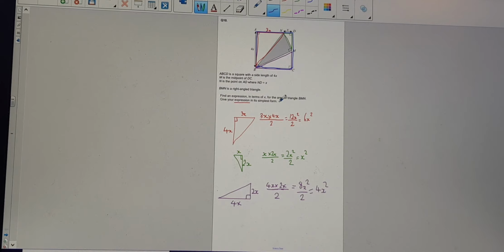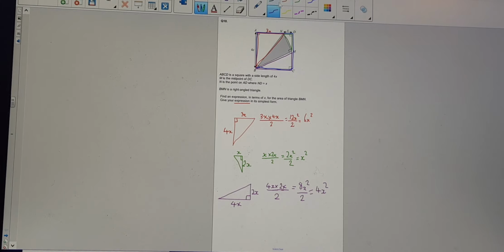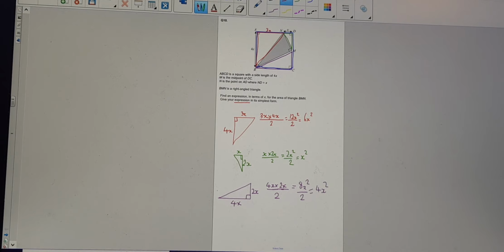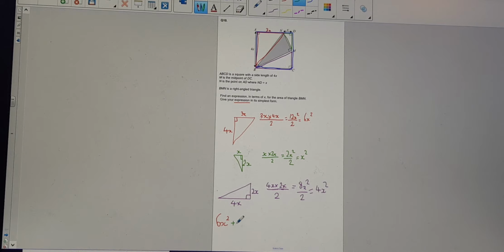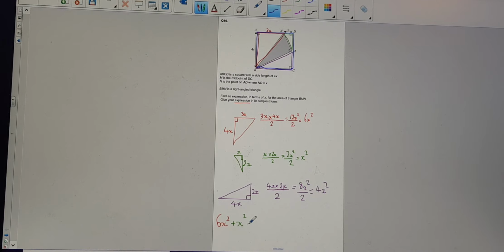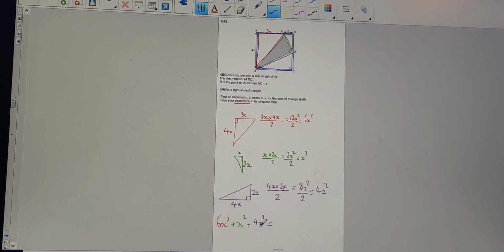Therefore, the total area of those triangles is going to be 6x squared plus x squared plus 4x squared. 6x squared add 1x squared add another 4x squared is going to give me 11x squared.